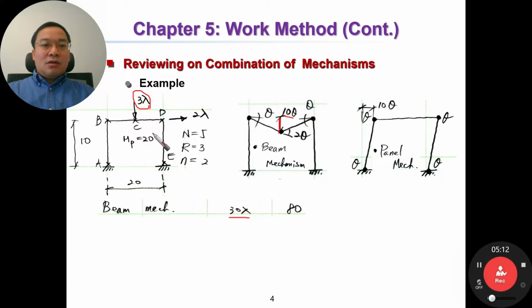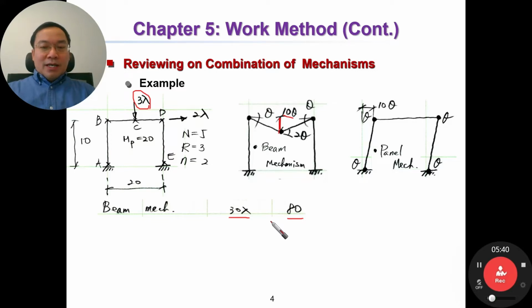Internal work: here we have theta, 2 theta and theta, and we have 1, 2, 3, 4 theta multiplied by Mp equal to 80 theta. Then for the beam mechanism, it's like this.